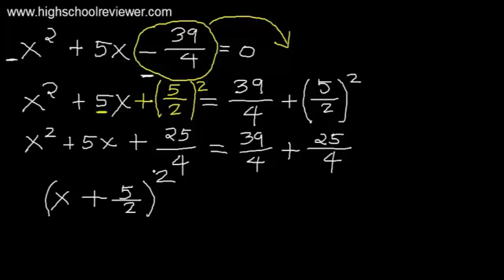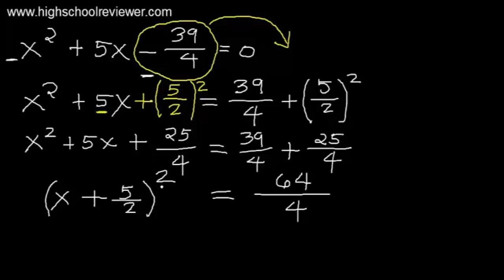This is our perfect square. And then we are going to add the terms on the right. So since our denominator is the same, we will just copy that and then add the numerators. So 39 plus 25, this will give us positive 64.